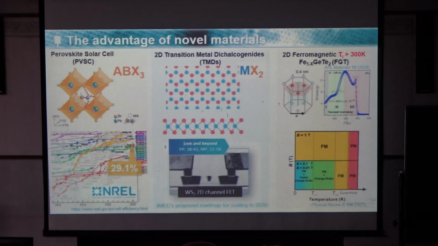I will briefly introduce the advantages of the materials we study in our group. Perovskite solar cells are noted for a very excellent conversion efficiency, over 29%. For 2D TMDs, due to their 2D intrinsic nature, in the future we can utilize them to design 2D channel FETs to improve performance, and also reduce the chip size to the nanometer scale.